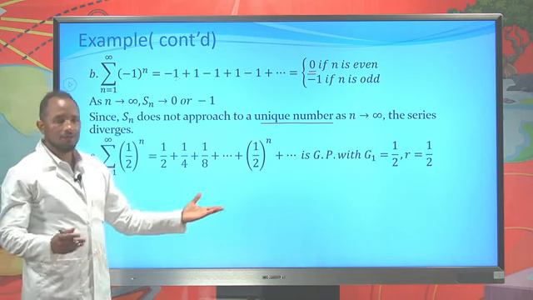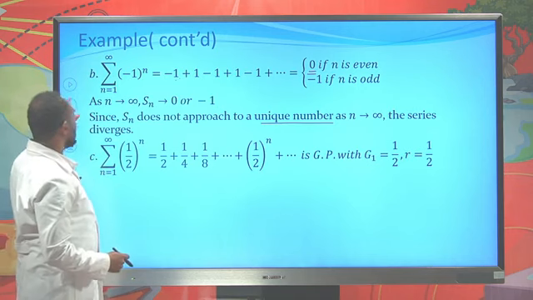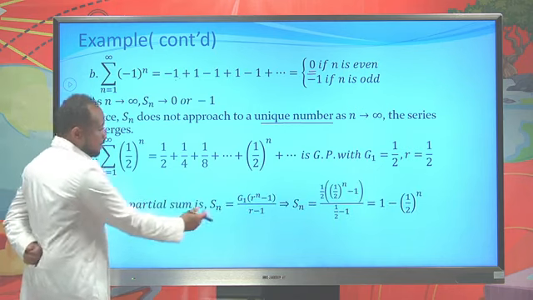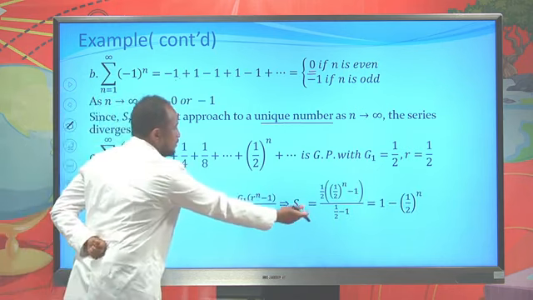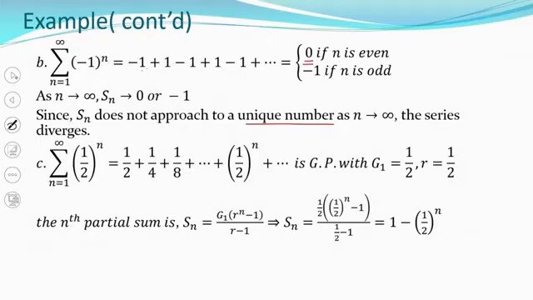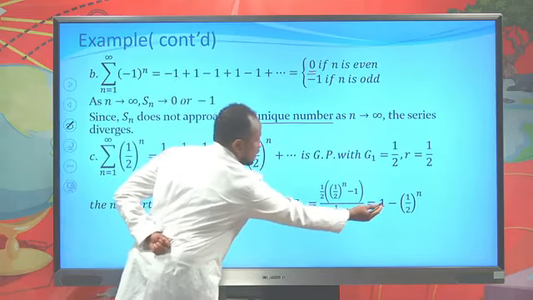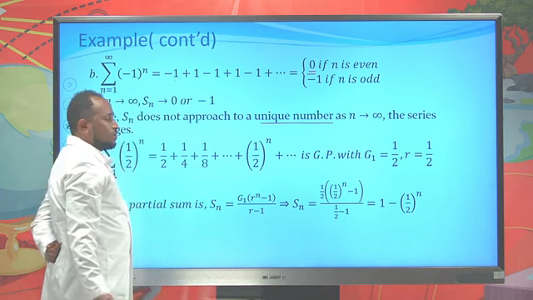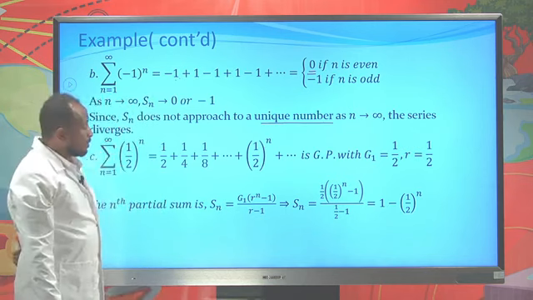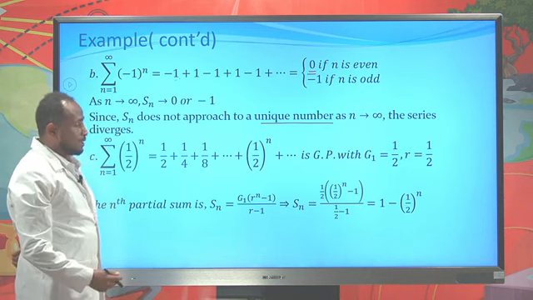So I can find the n-th partial sum. The n-th partial sum of this sequence is Sn equal to g1, which is 1 over 2, times r raised to n, which is 1 over 2 to the power of n, minus 1 over r minus 1. So when you evaluate this, you get 1 minus 1 over 2 to the power of n. So this is the n-th partial sum.